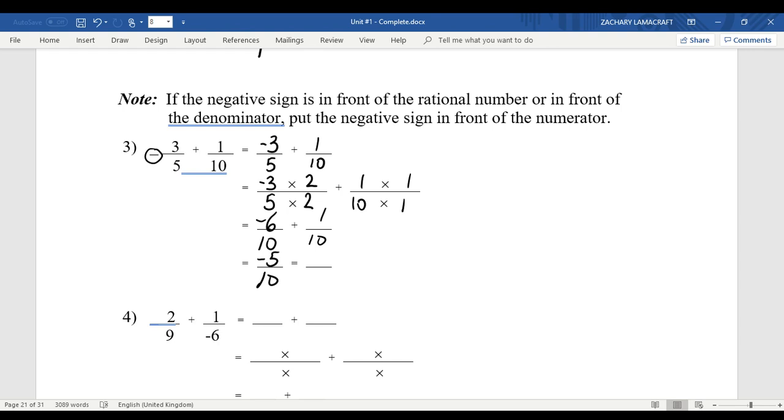And the interesting part here too is there's another equal sign there, and you might think, well, why is that there? But it's because we need to reduce it. So when we reduce something, it means that there's a number that we can divide both the top and the bottom by. And in this case, it would be 5. So if I divided both the top by 5 and the bottom by 5, I can reduce this to negative 1, because negative 5 divided by 5 would be negative 1, and 10 divided by 5 being 2.